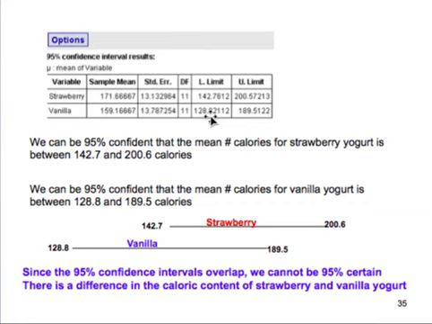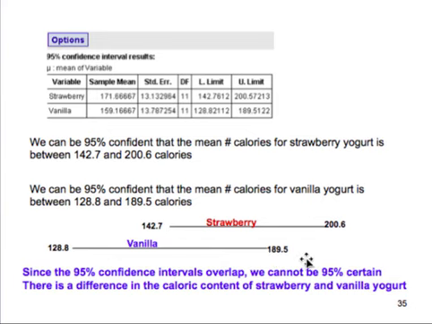The 95% confidence intervals can be expressed as: we are 95% confident that for strawberry yogurt, the average calorie content is between 142.7 and 200.6 calories, whereas for vanilla, the average calorie content is between 128.8 and 189.5.